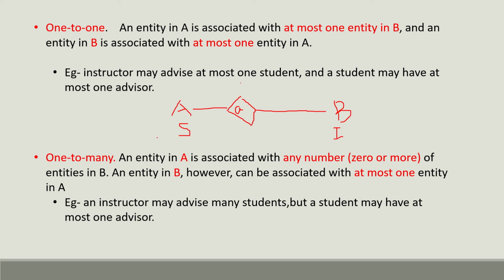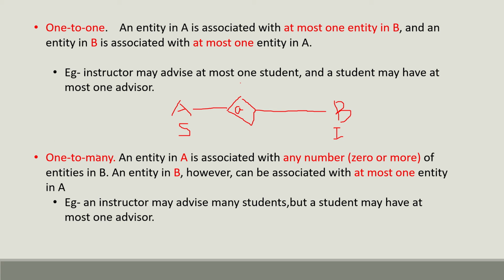One-to-many means, suppose A and B are two entity sets, an entity in A is associated with any number, 0 or more, of entities in B. Many means it can be 0 or more. The one part is one, the many part is many.